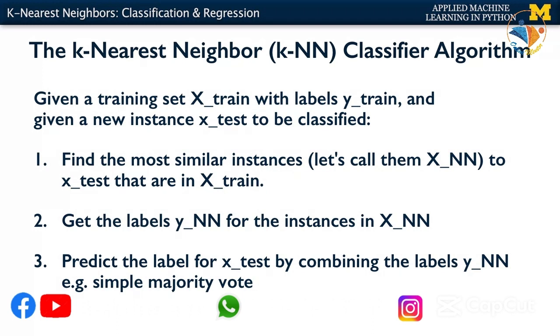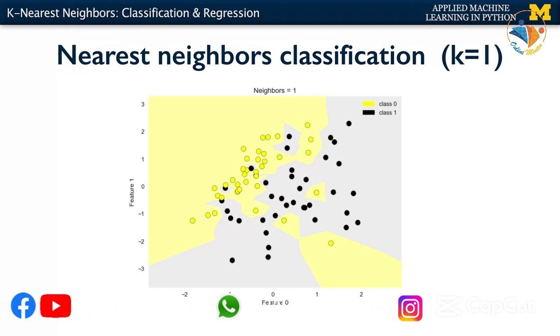Here's how a k-nearest neighbor classifier using only one nearest neighbor, that is with k equal to 1, makes its predictions for the simple binary synthetic dataset. As you might recall from week 1, where we applied a nearest neighbors classifier to our multi-class fruit dataset, here we're applying the nearest neighbors classifier to our simple binary classification problem, where the points in class 0 are labeled with yellow dots, and the points in class 1 are labeled with black dots.